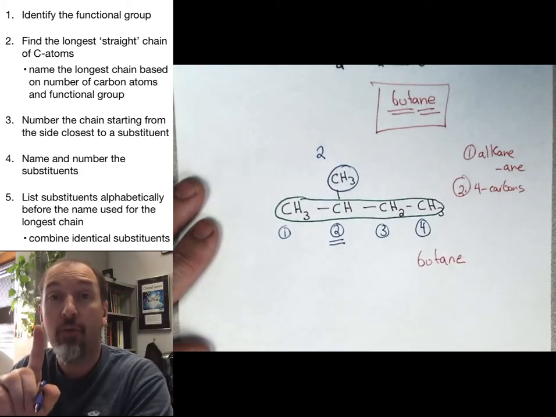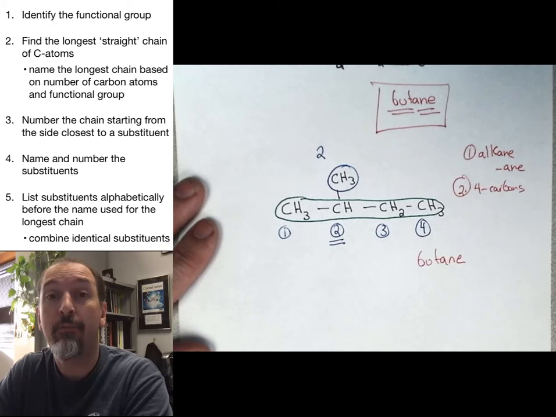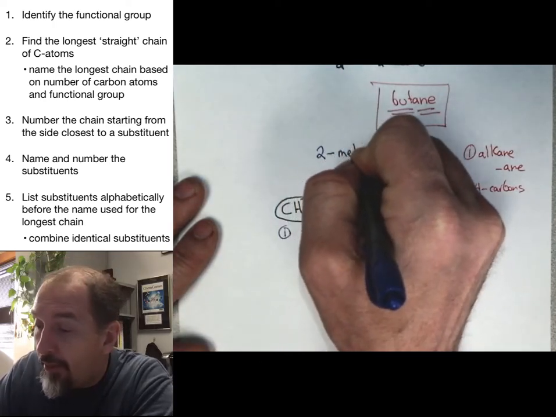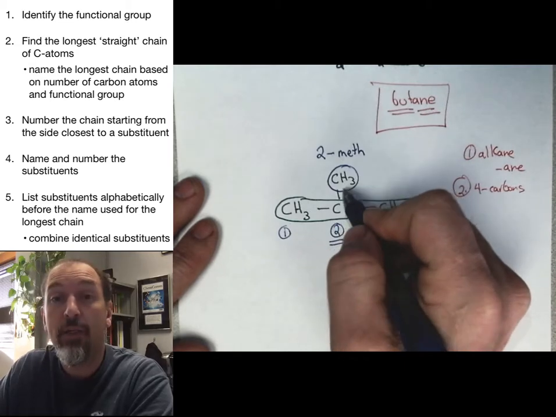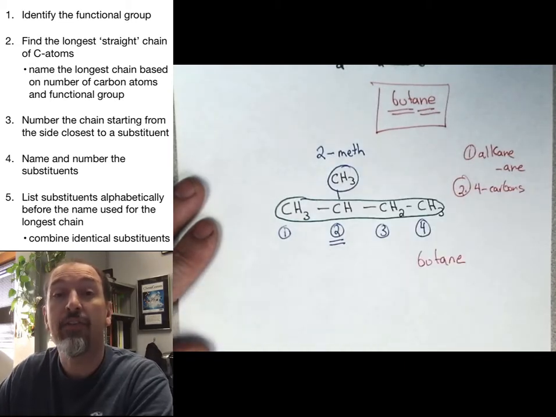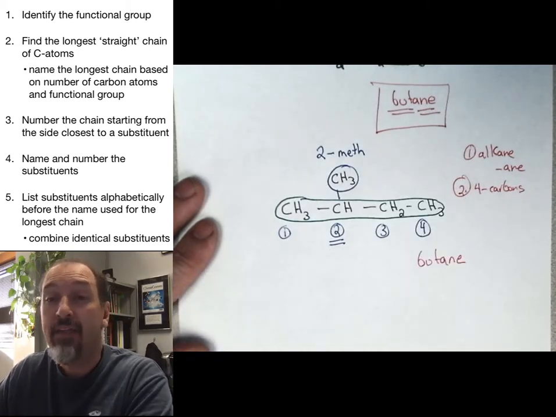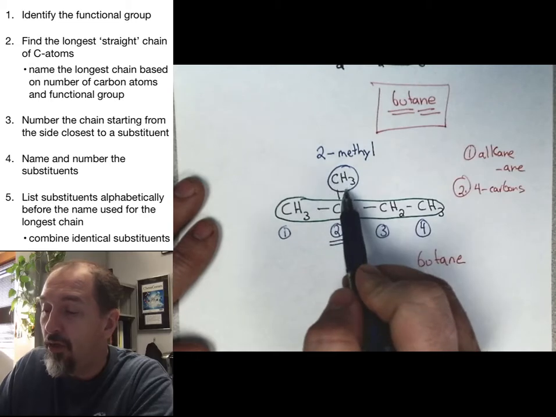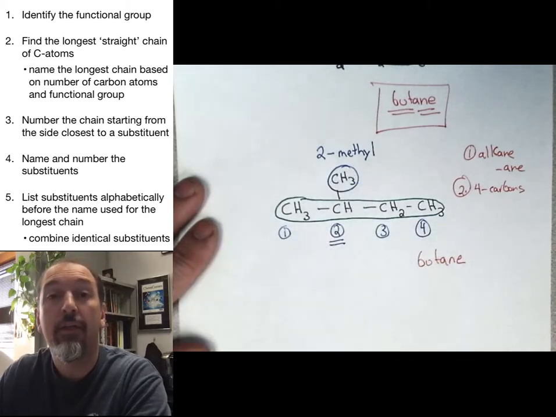The prefix for one carbon atom, you'll recall, is meth. So it's going to be 2-meth. And if it's a substituent, not part of a main chain, the ending isn't ANE, the ending is always YL. So this is going to be called 2-methyl. That's the name of that substituent.